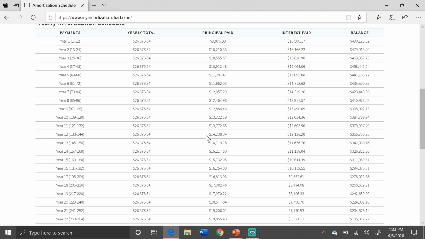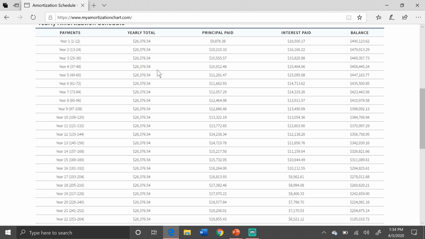So here you see the term is right here. The number of payments you're going to make, 360. Your monthly payment would be $2,198. Now pay attention to your amortization schedule here. Every single year of your loan, you're going to be paying $26,376.54.